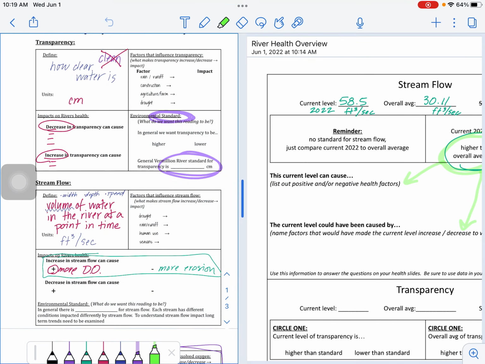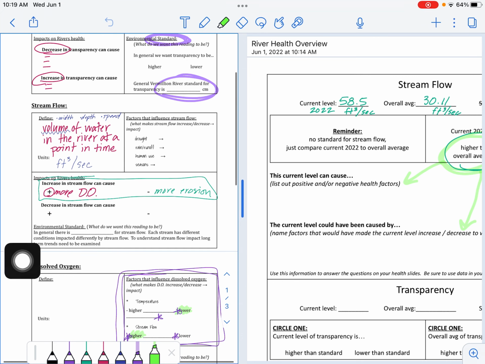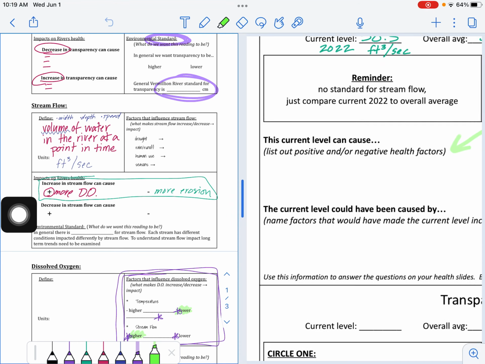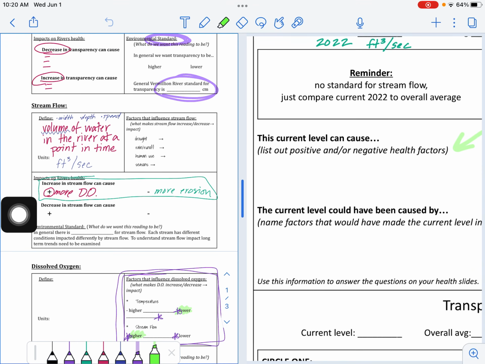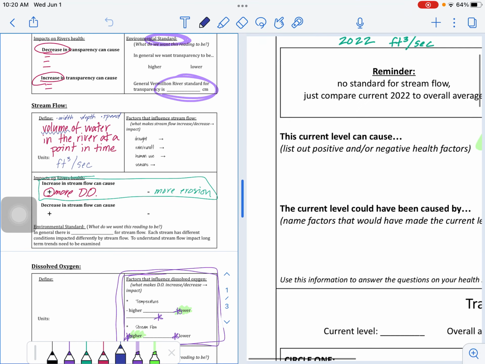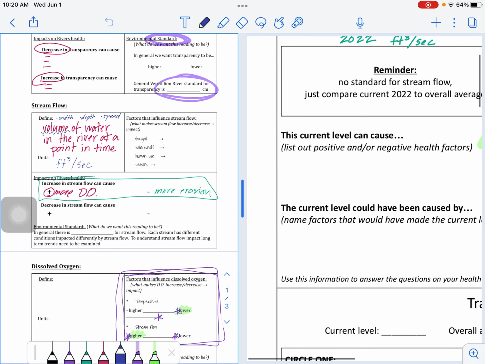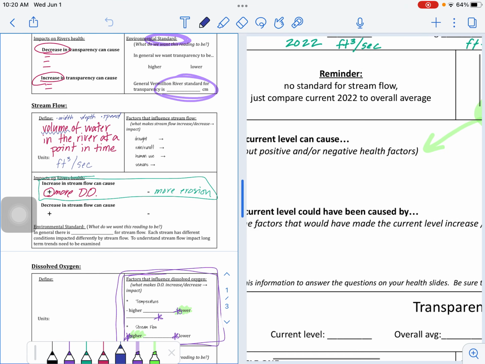And because my focus here is stream flow, that's where I want to focus my information on. Remember, our notes have definition, what makes it go up or down, what happens to the health if stream flow is higher or lower, and if those things are positive or negative. And that's what we want to be thinking about here. This current level can cause, we want to know what changes can be made because stream flow is higher than normal. What's changing?